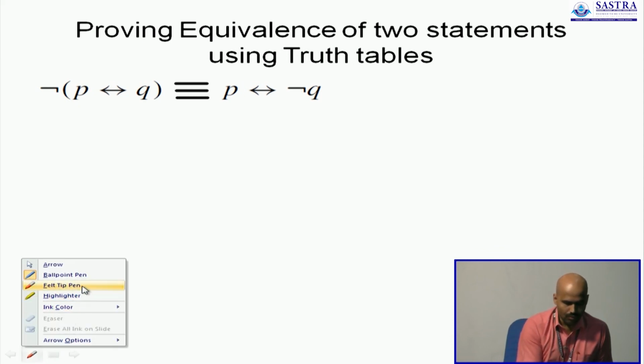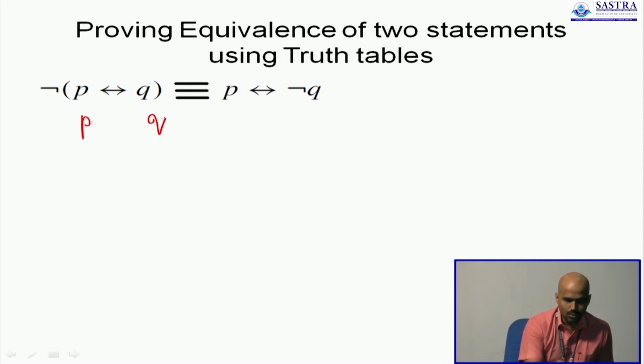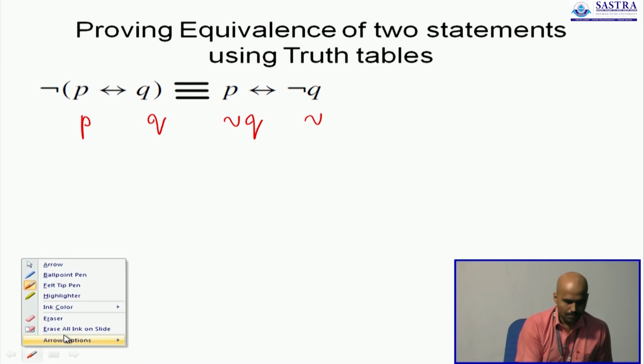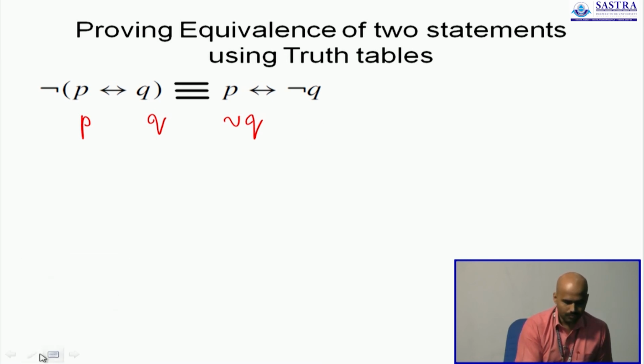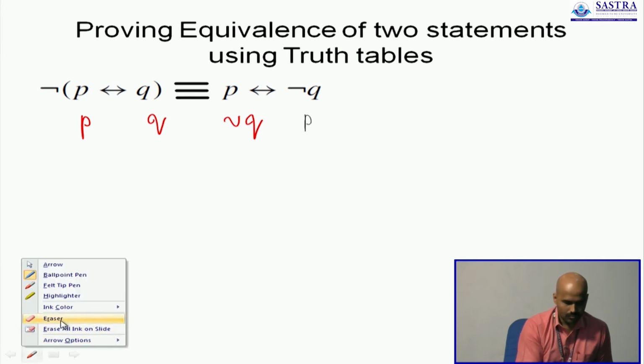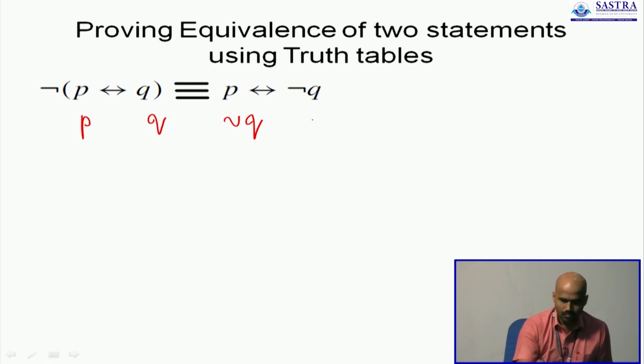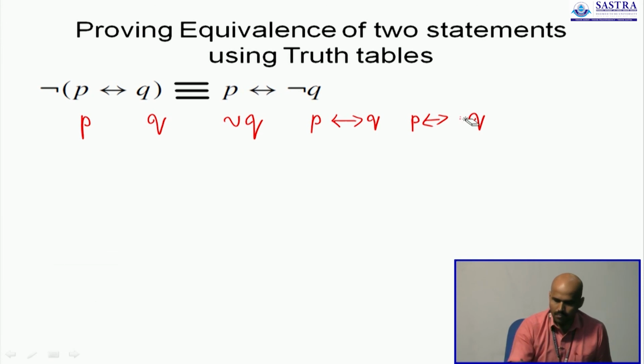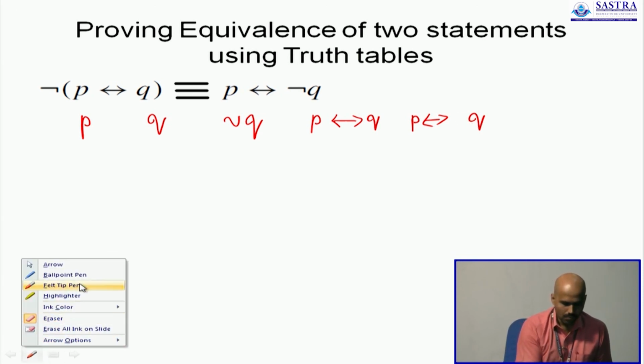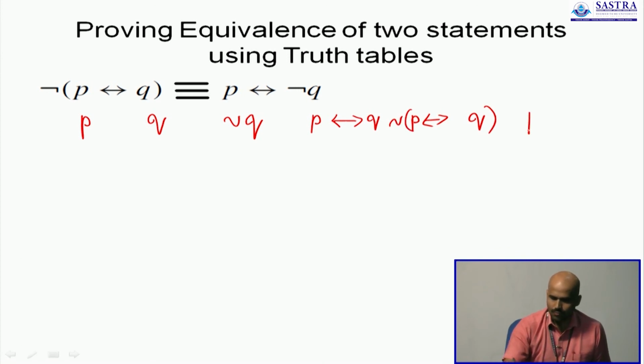This is a compound statement involving two simple statements P, Q and negation P, negation Q, the biconditional involving P and Q, its negation, and also the biconditional involving P and negation Q. Let's find out if these two statements are equivalent.